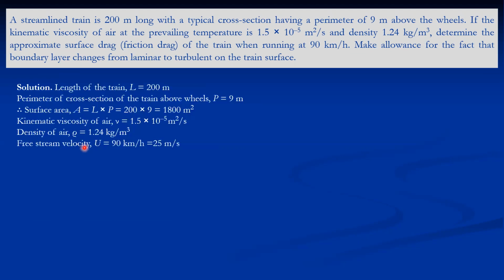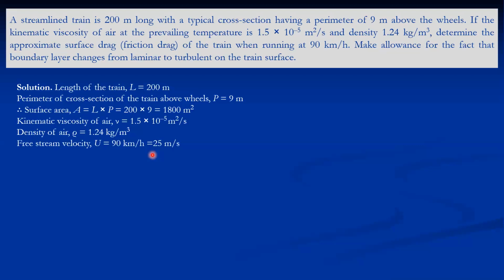Kinematic viscosity is given, density is given, and the free stream velocity, as the train is moving. So the velocity of air we can consider: 90 kilometers per hour, convert it into meters per second. So 90 into 1000 divided by 3600 to convert from kilometers per hour into meters per second. So these are the quantities given.